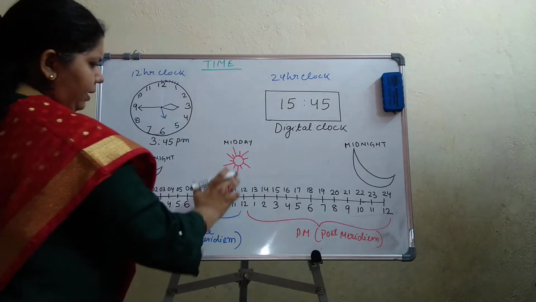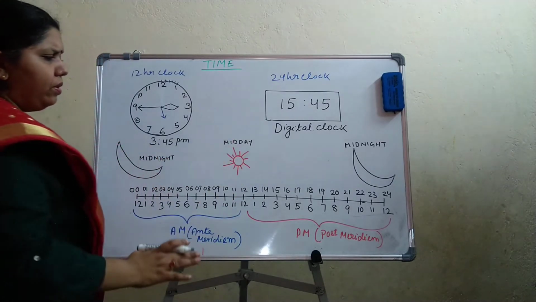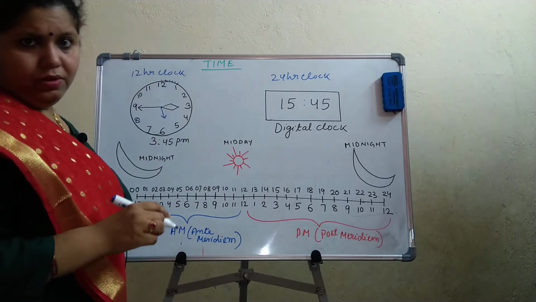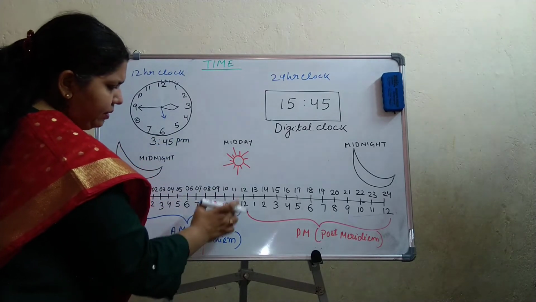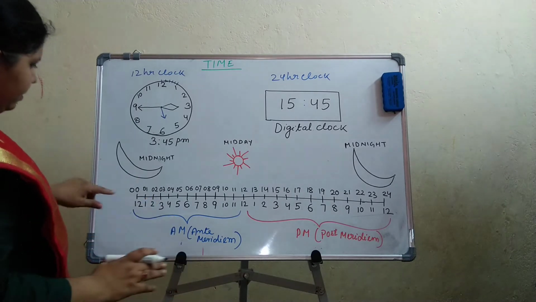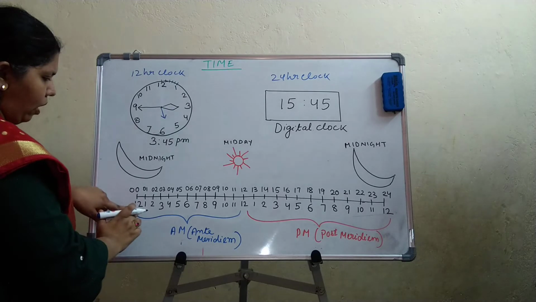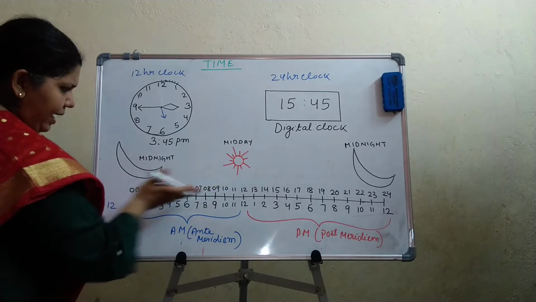In this diagram you will see this is the midday. Midday means the sun is overhead. You call it 12 noon. So under midday I have kept this number, that is 12. Our day starts from 12. For this 12-hour clock it is 12. So this is the timeline.